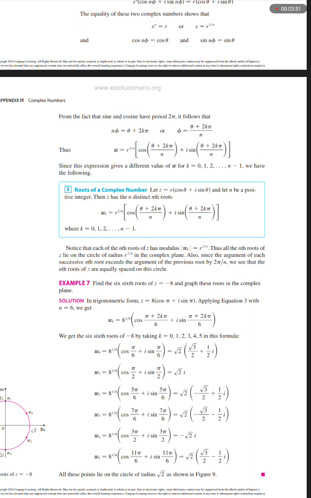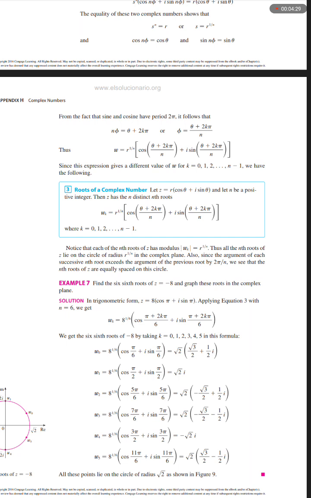Since this expression gives a different value of w for k equals 0, 1, 2, ..., n minus 1, we have the following. Equation 3, roots of a complex number. Let z equals r times (cos θ + i sin θ), and let n be a positive integer.